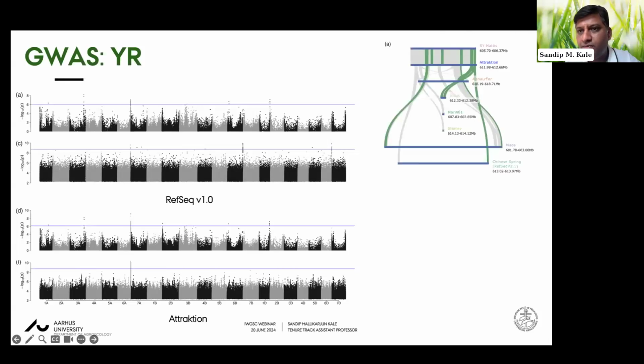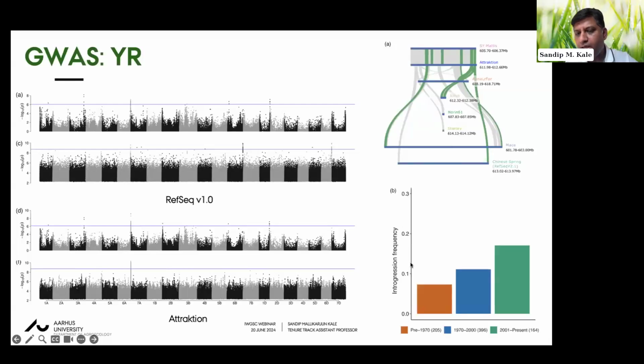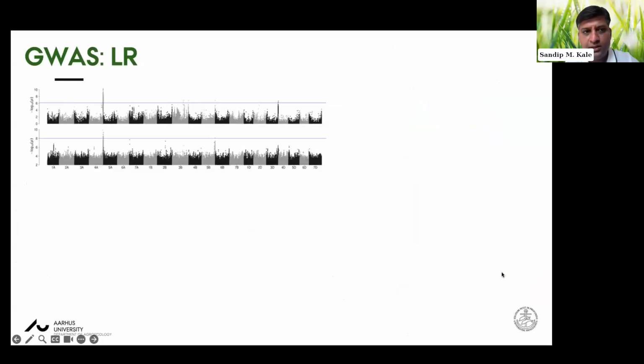To test it, we did the coordinate analysis between all these 10+ assemblies, and we found that this region was only present in SY Mattis but was absent in all other assemblies. And again, we checked the frequency of this region, and it was highly selected in the elite material.